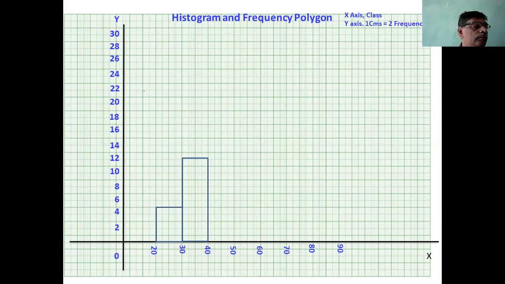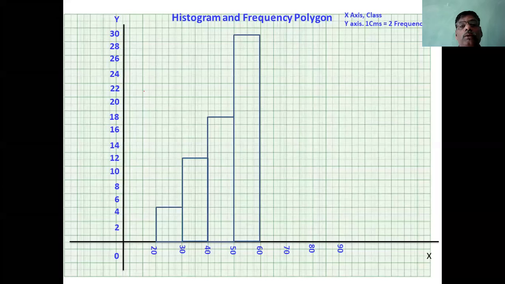Next, 40 to 50, 18 frequencies. Then 50 to 60, 30 frequency. 60 to 70, 20 frequency.